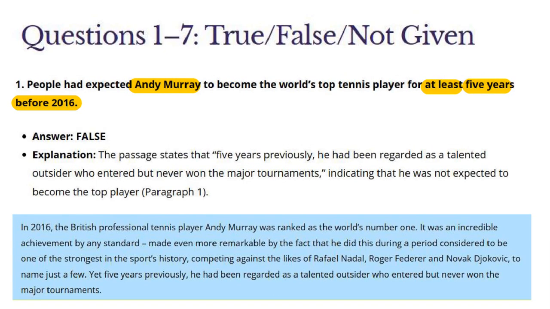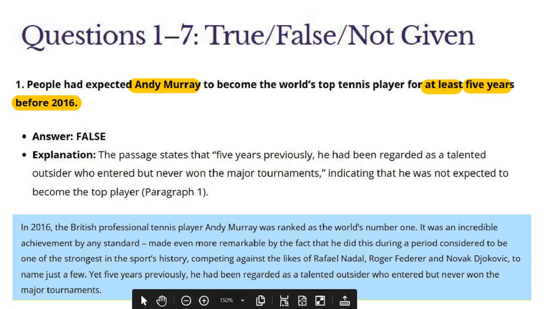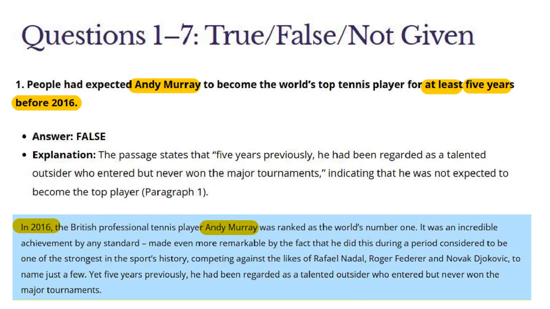So here it is. We do have name and surname and even year. So the passage here states that, let me read for you. 5 years previously. So we need to start with the word yet here, but before that, we need to highlight 2016. Then after that, Andy Murray was ranked as the world's number 1. Let me read for you the whole extract of the passage.